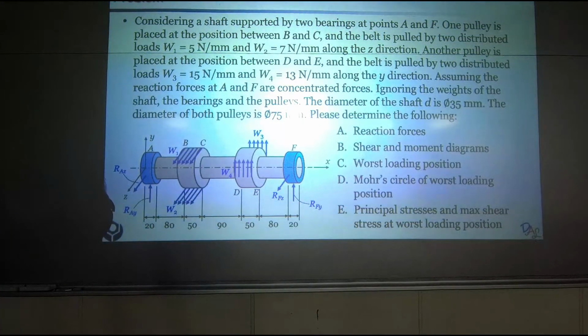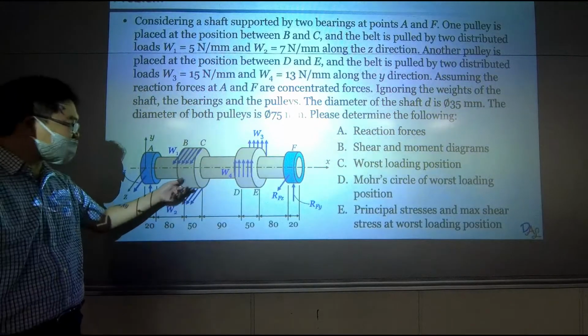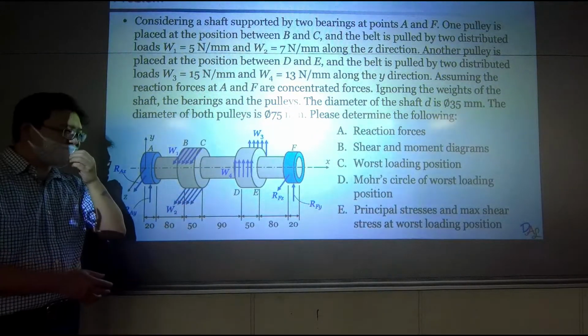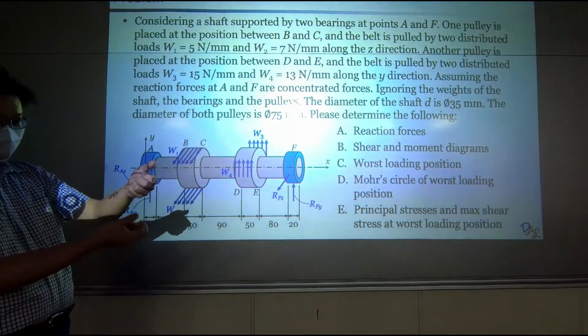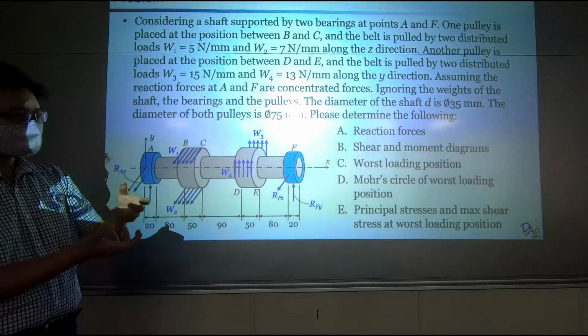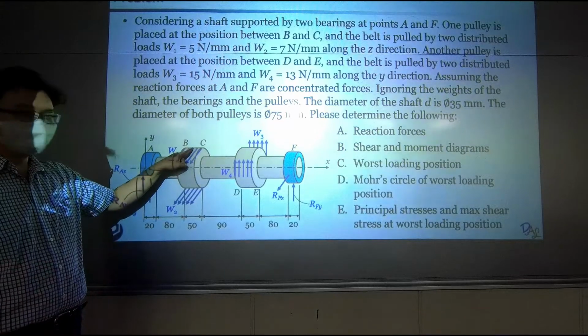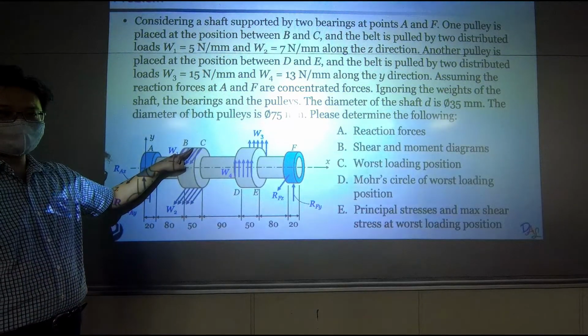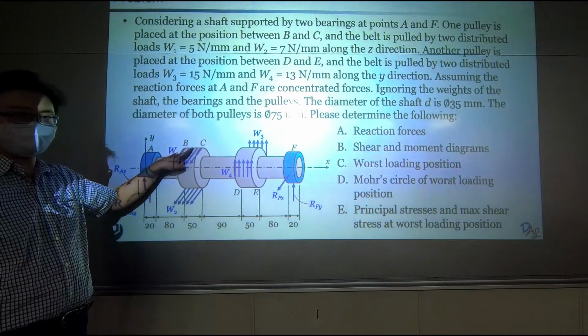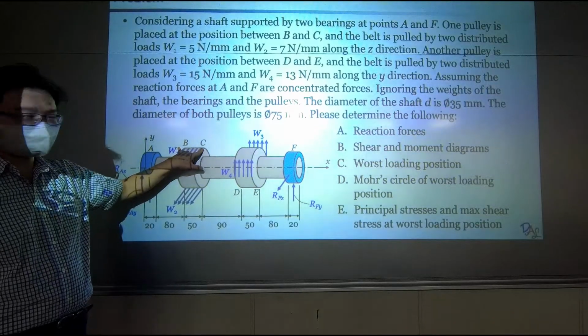Okay, so over here we have distributed loads because for pulley, it's a belt type. It's a belt, so it's not like a single point load. It's not like a concentrated load. It's a distributed load.